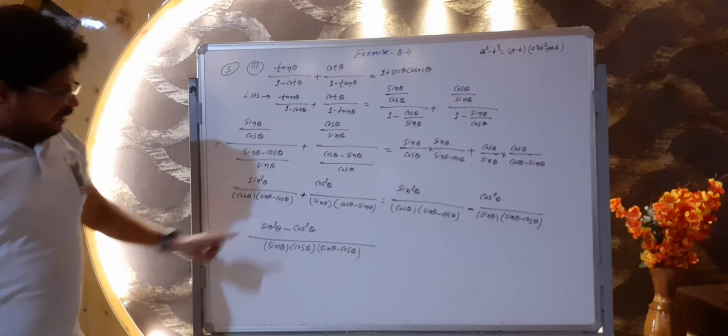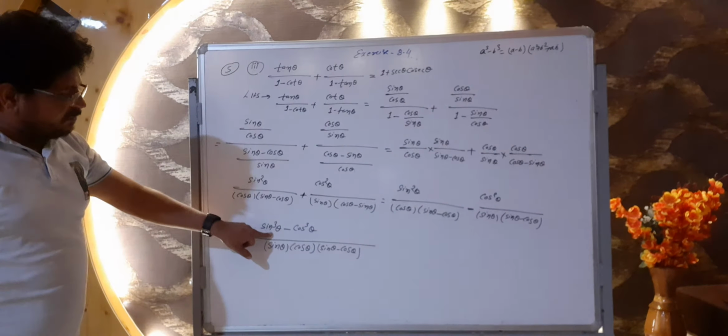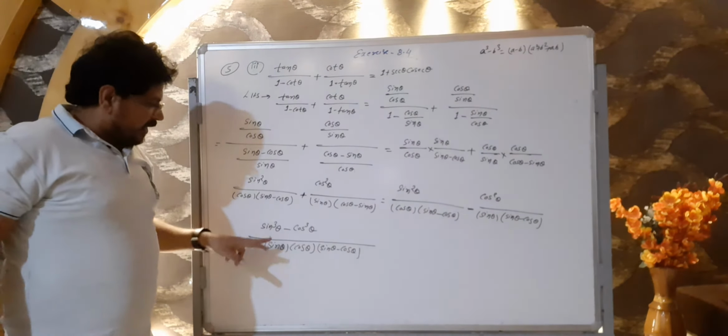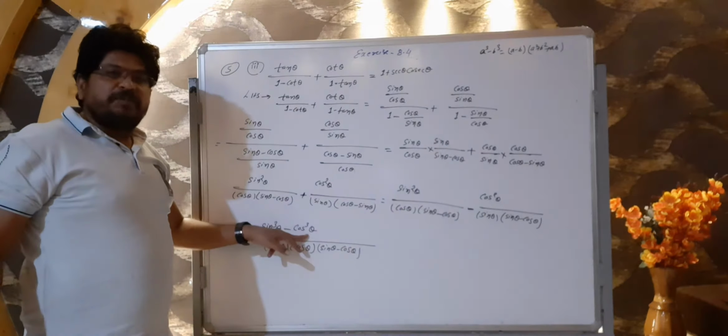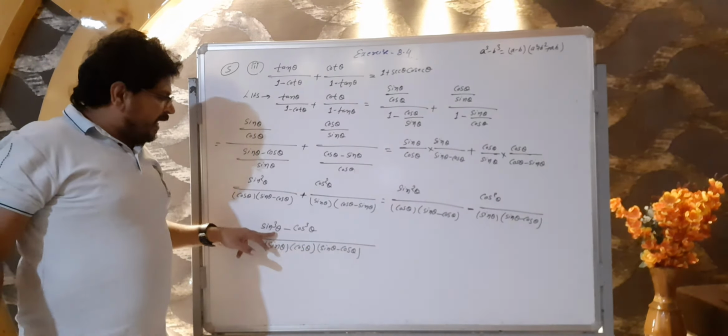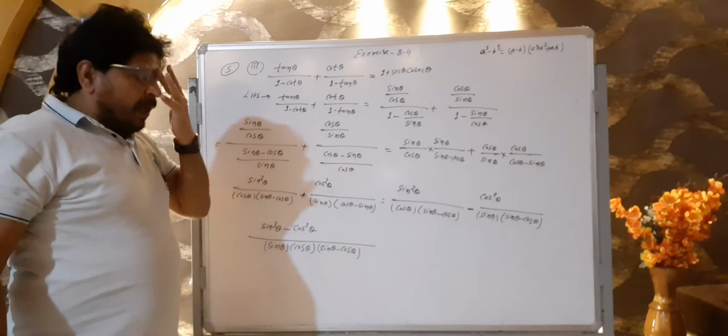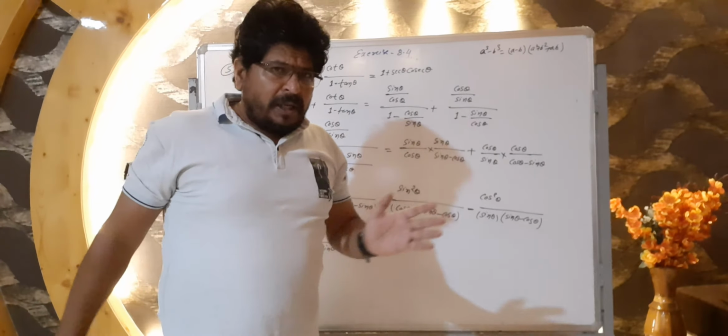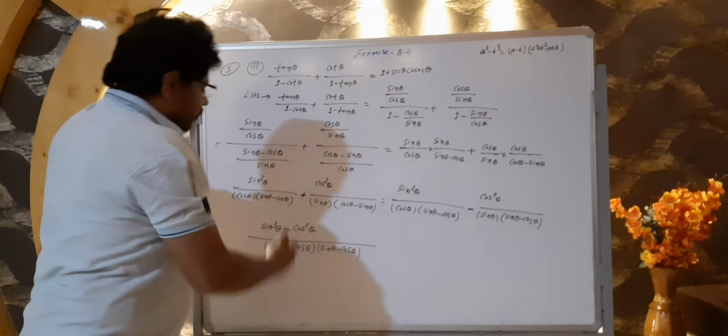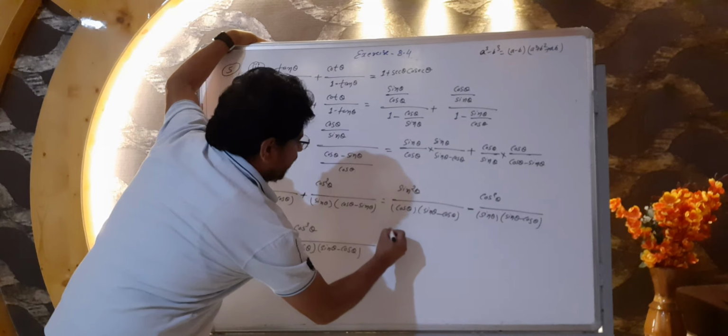Now here you can see that there is an identity: a cube minus b cube, or x cube minus y cube, not an issue. Do you know that particular formula? If you don't know, then note down its formula.